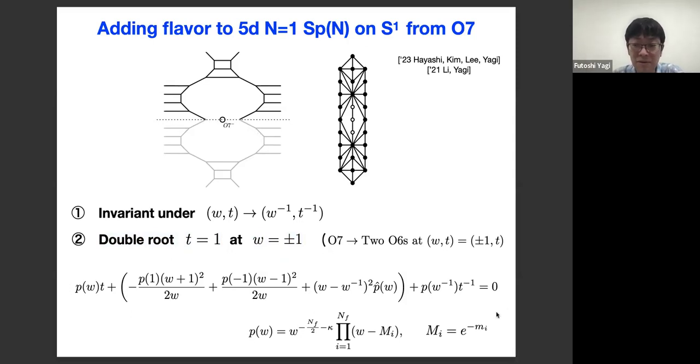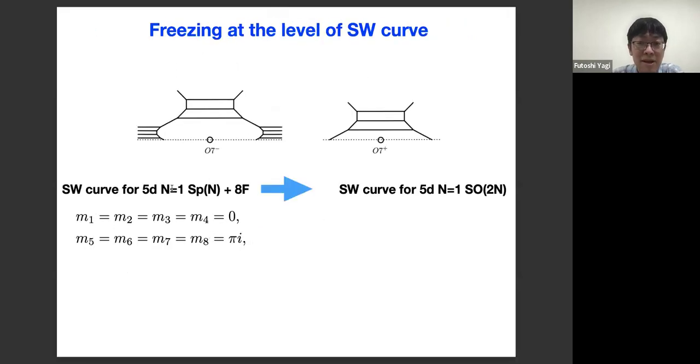And because of this, we obtain this Seiberg-Witten curve. And based on this Seiberg-Witten curve, we tune the mass and then check the equivalence also at the level of the Seiberg-Witten curve. I said that 5D N=1 Sp(N) gauge theory with 8 flavors and 5D N=1 SO(2N) have an equivalence if we tune the mass.